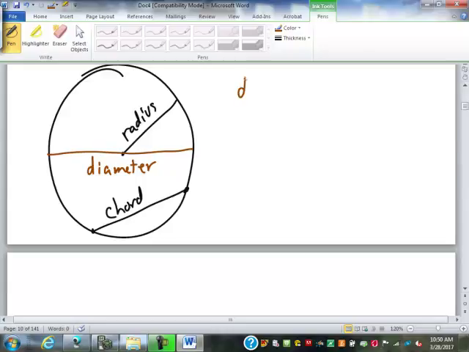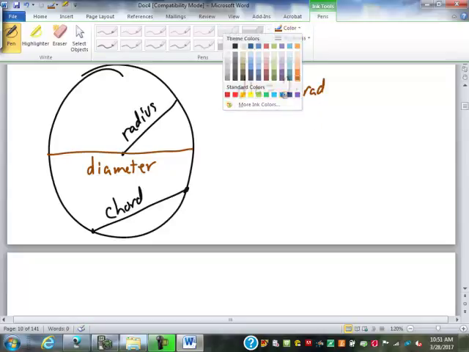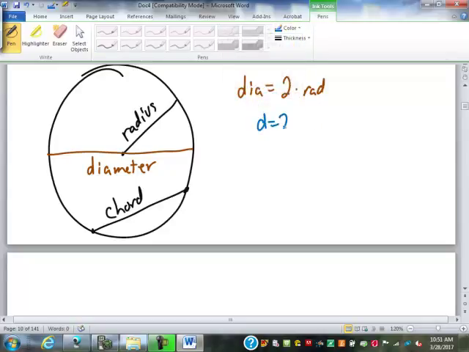Now, the length of the diameter is going to equal 2 times the length of the radius, or to put it in abbreviations, d equals 2r. The distance around a circle is called the circumference.